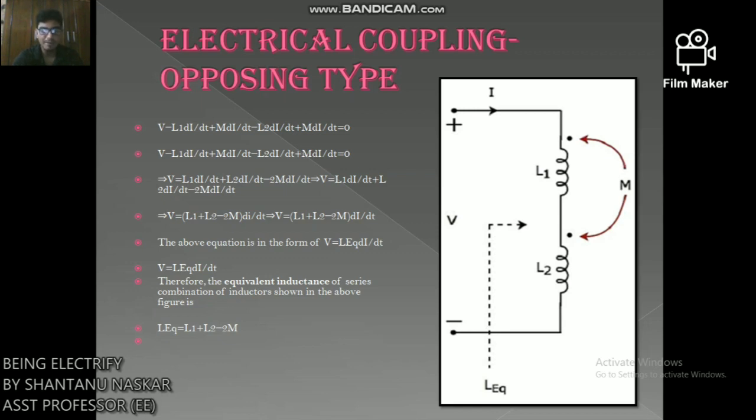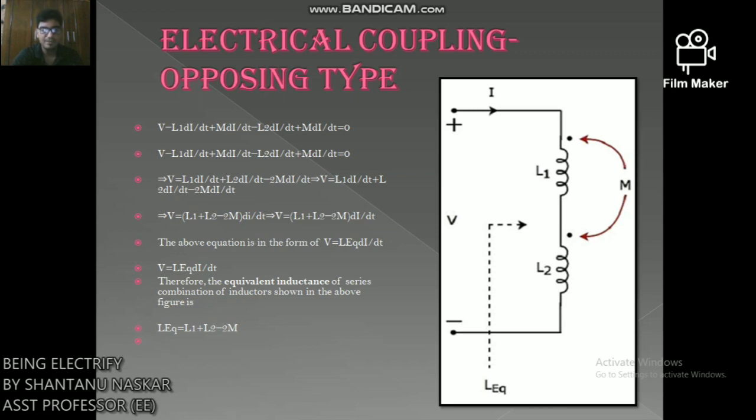So, if we apply KVL around the loop of this circuit or network, we get this equation. V minus L1 di by dt plus M di by dt minus L2 di by dt plus M di by dt equals 0.